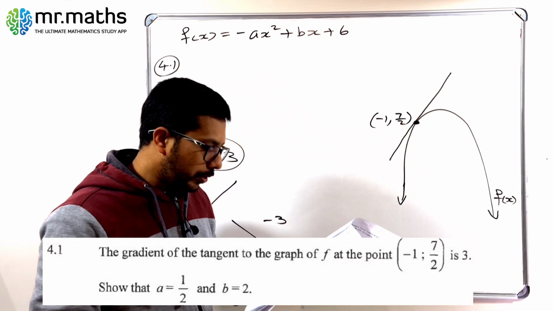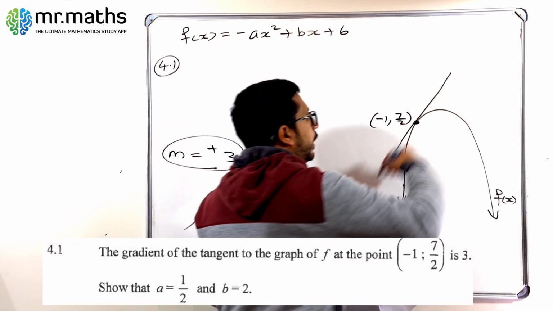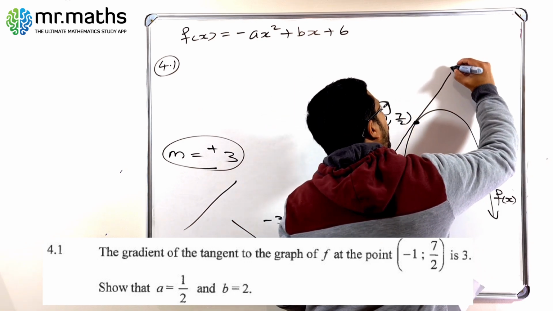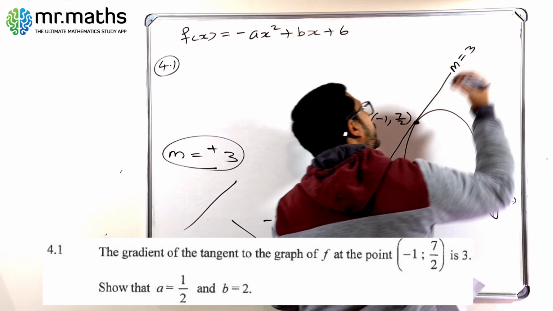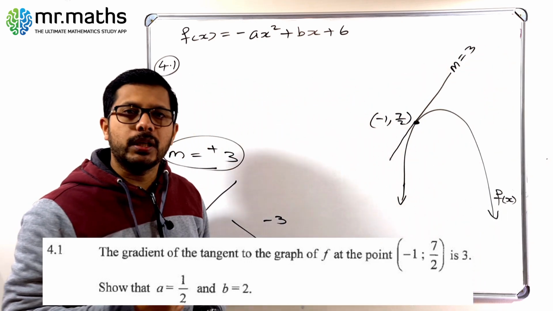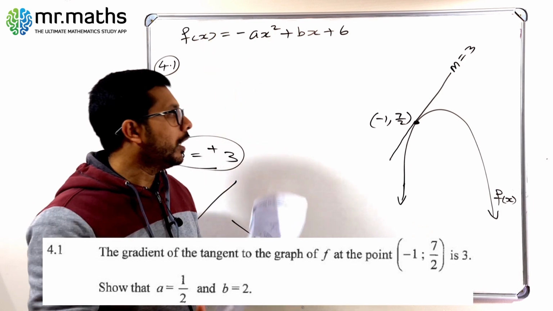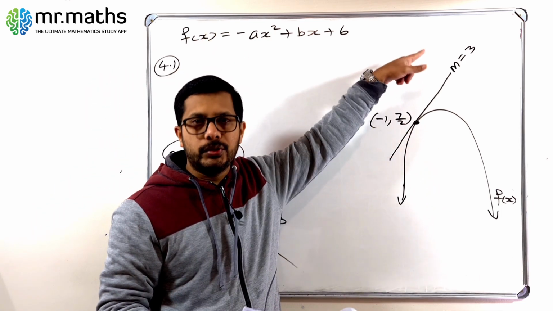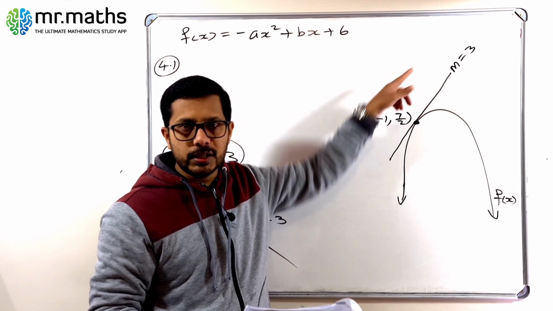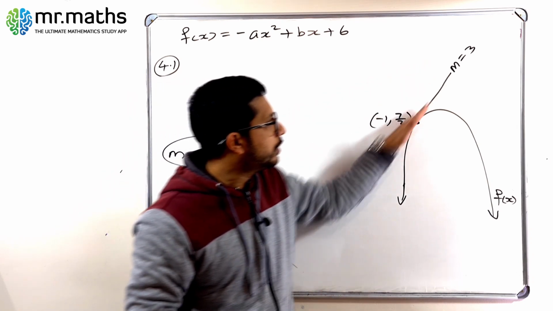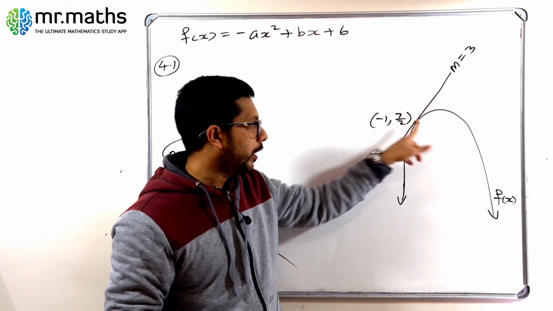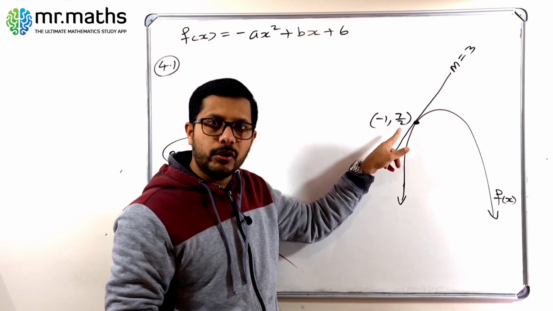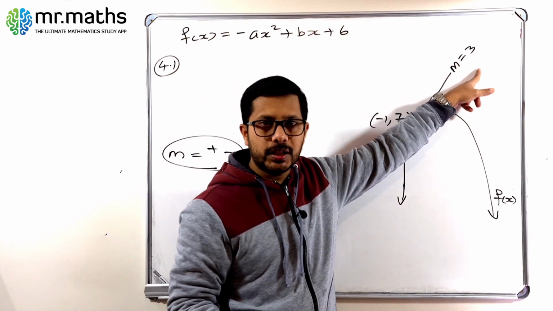Now the gradient of this tangent is given directly, it is 3. M is equal to 3. Gradient of that tangent at the point minus 1 comma 7 over 2 is 3. Do you understand what is given?